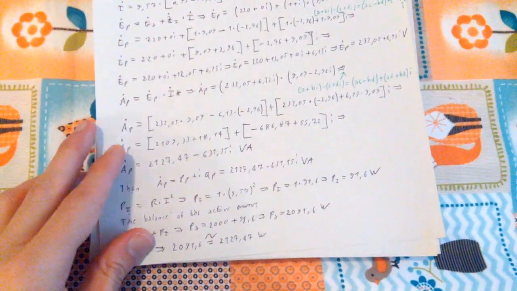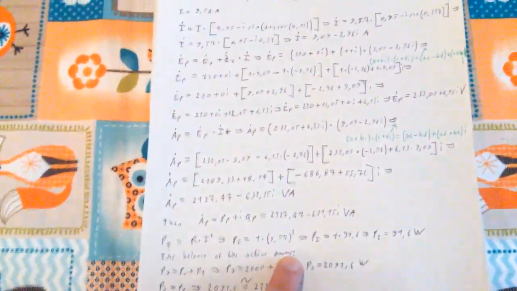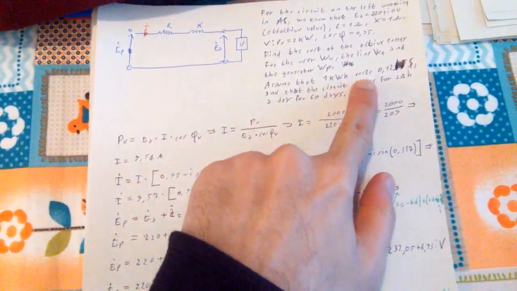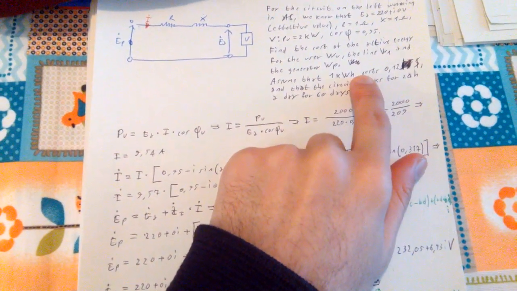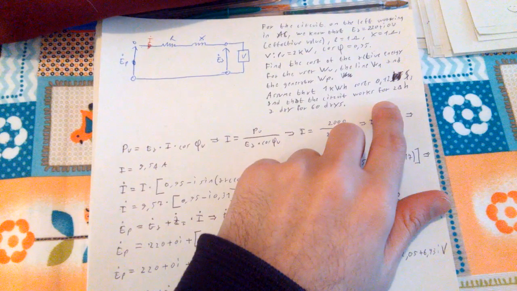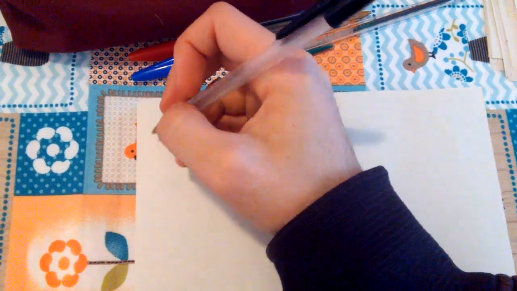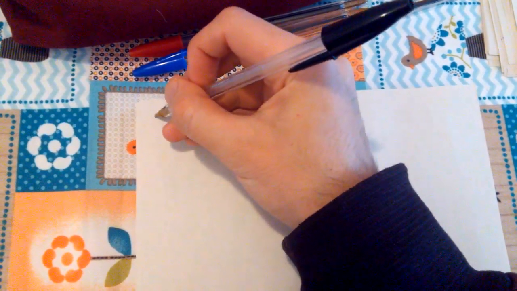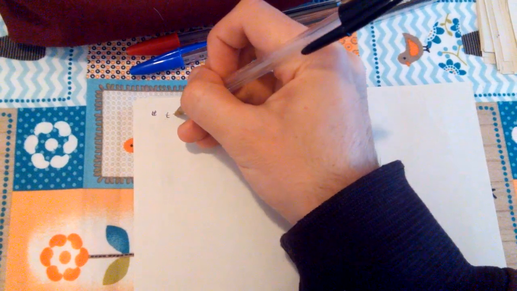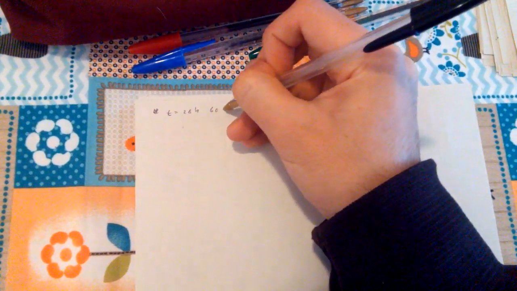Now I verified the balance of the active power, but I still have to find the cost of this for 24 hours and 60 days. So I'm gonna find the energy, with T equal to 24 hours and 60 days.